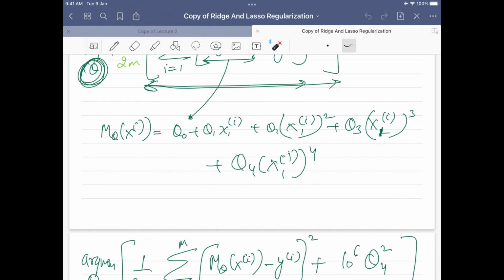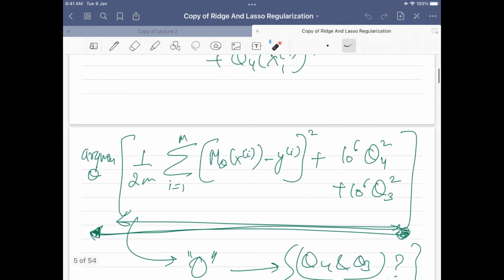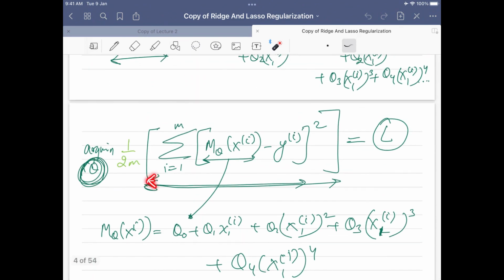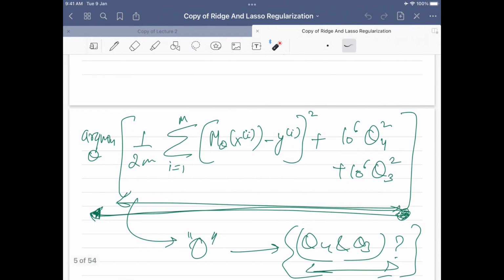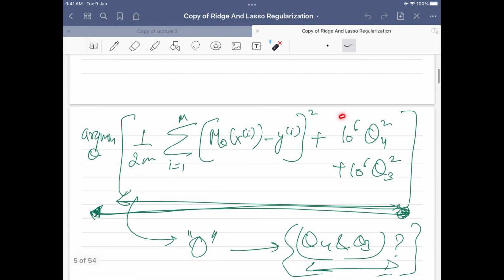Now once we have this model, we modify this original cost function which is given over here. So this is our original cost function, and what we do is we add the model parameters theta 4 and theta 3 here, and multiply them with a very high value, 10 to the power 6, let us say. The new cost function is this one given over here.